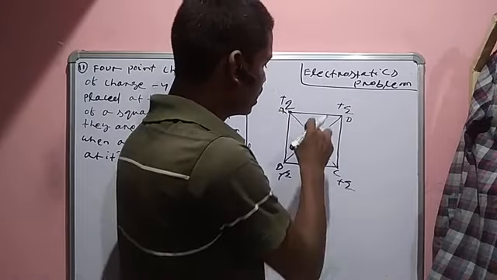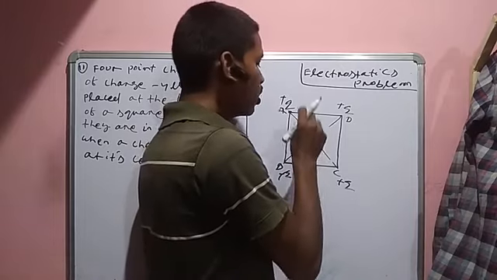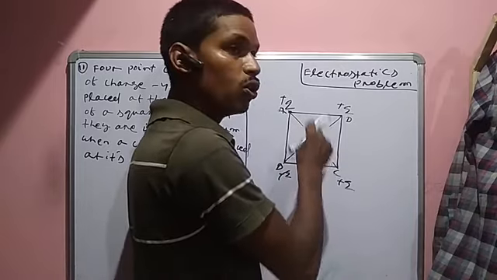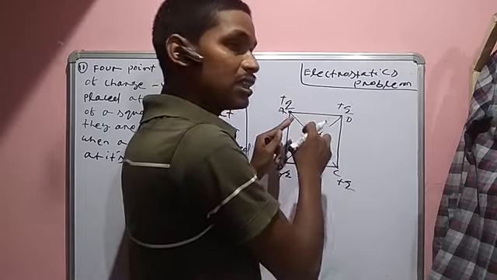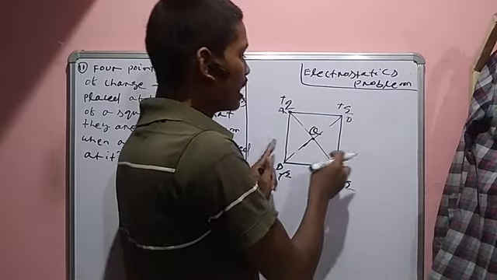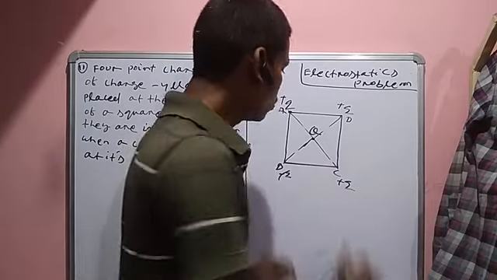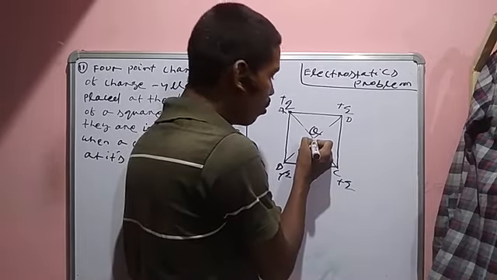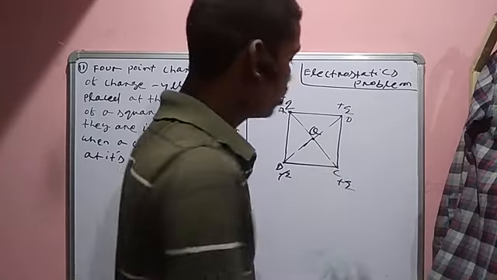That means this one charge placed in the center holds the four charges placed at the four corners. Now, what is the value of Q?